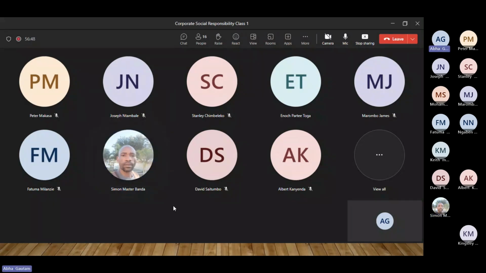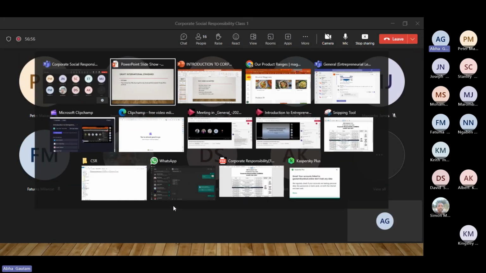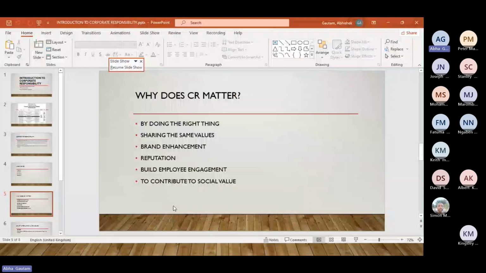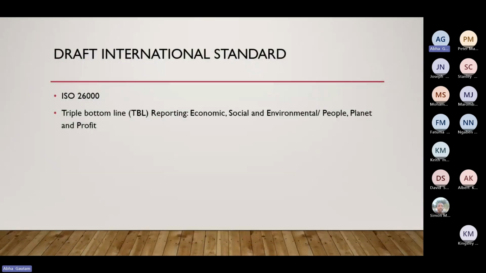So are we clear about this, that there is no wrong or right answer? It's all about the perspectives which you are having towards corporate social responsibility. But to be honest, if you ask me for my personal opinion, I have heard this since my childhood: do your hard work, do your karma, and then ultimately you will get results.